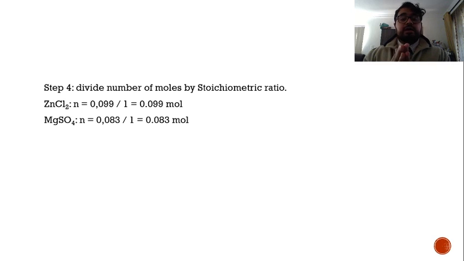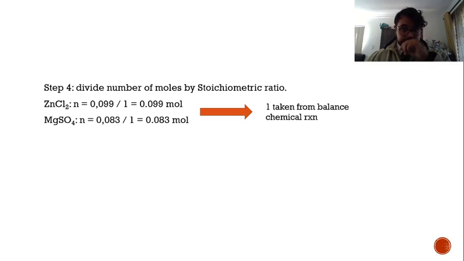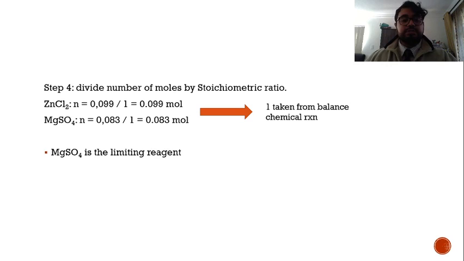That means our limiting reagent is magnesium sulfate. The one is taken from the balanced chemical reaction, and as we discussed, magnesium sulfate is the limiting reagent because all of it gets used up in the reaction.